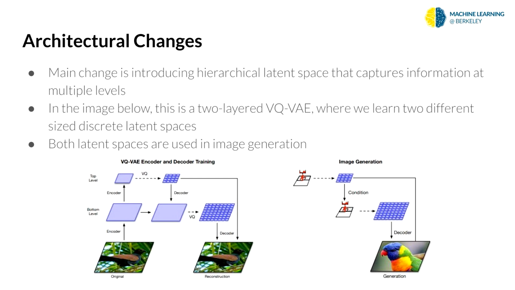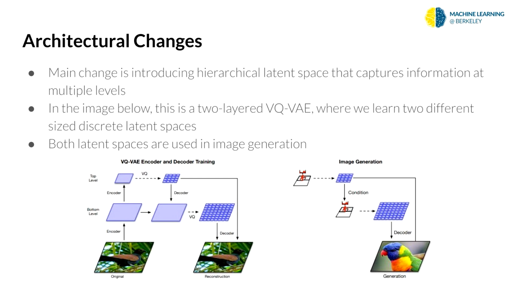But VQ-VAE2 says that we can have multiple layers. They add another encoder layer on top of this first layer, and then we learn another latent space, which is the smaller 4x4 grid of dots on top. That space, as well as the original large latent space, is what's used to encode the image.